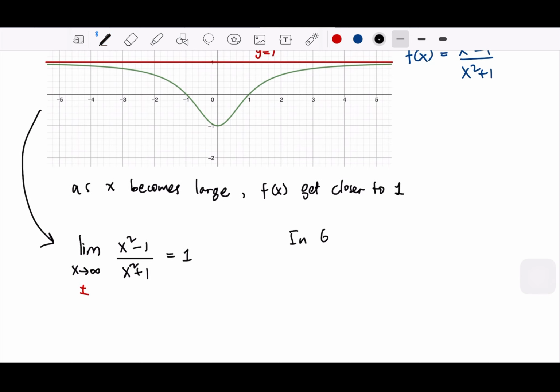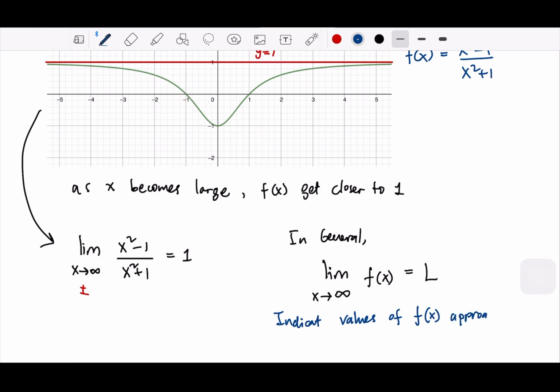In general, we can write the limit as x approaching infinity of f of x equals some L, to indicate that the values of the function approach some L as x becomes larger and larger, really big.